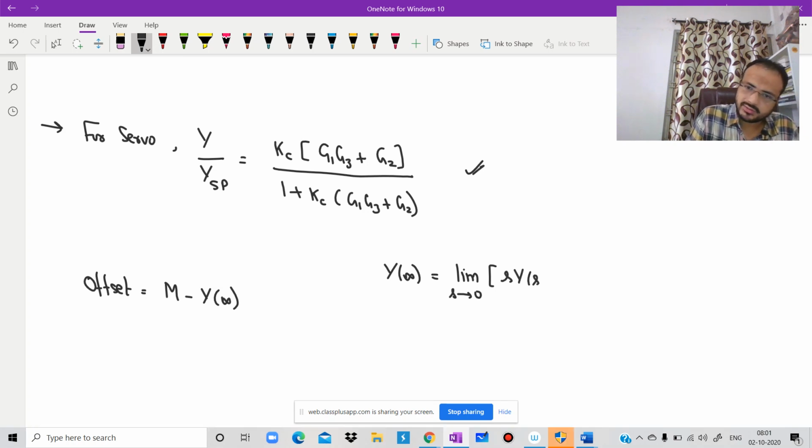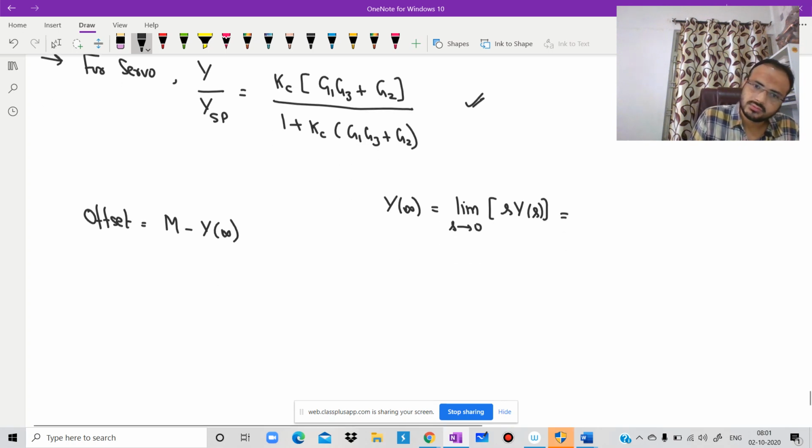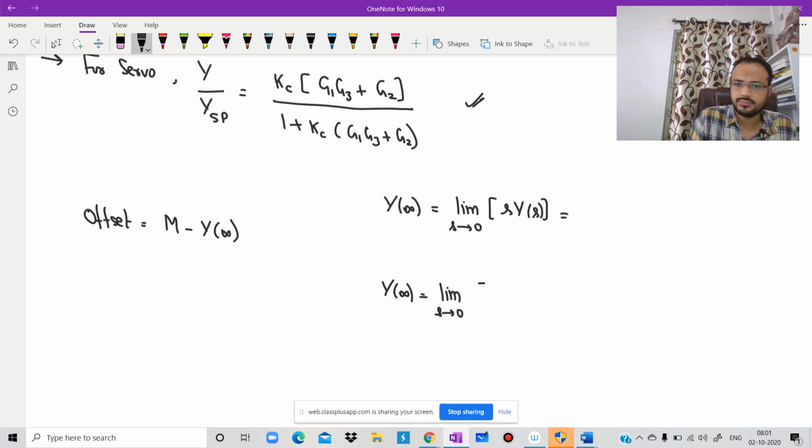S into y of s. So you will put the value: limit s tends to 0, S into m by s, G1 G3 plus G2.